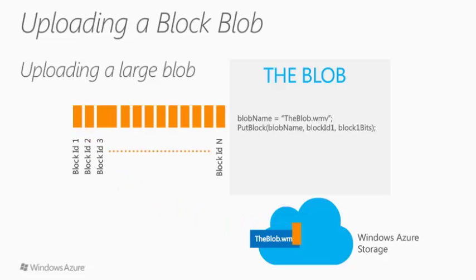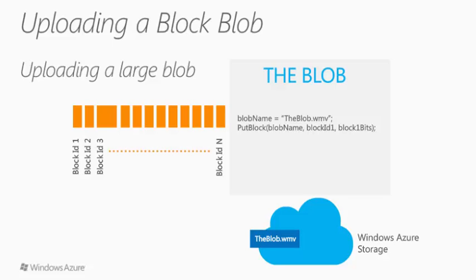And then you start calling the put block command. Inside this command you provide a blob name. In our example it's blob.wmv. Also you provide a block ID. This is a unique identifier and you need to control this unique identifier by yourself.